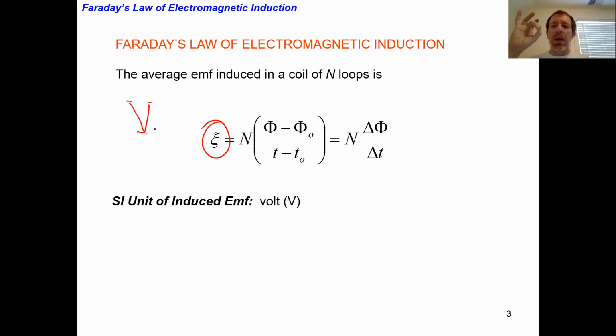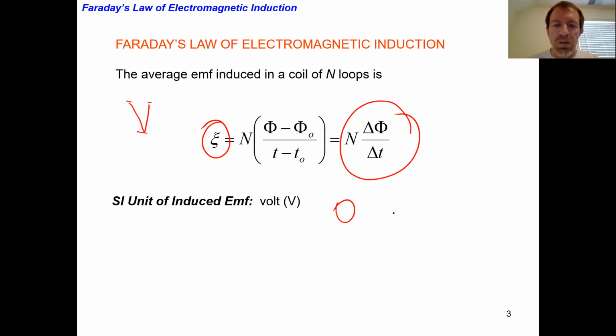coil in a magnetic field where there's some kind of change in the flux is equal to, well, the number of loops of wire in my coil times the change in flux over the change in time. And we remember that flux is equal to BA cosine phi.